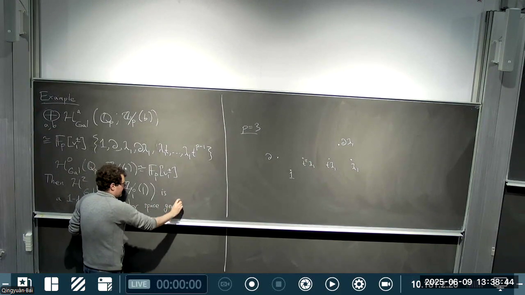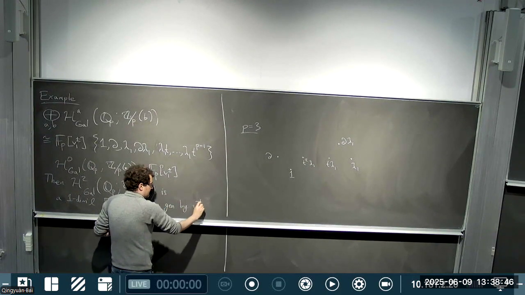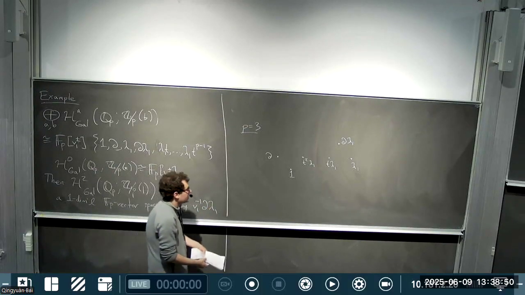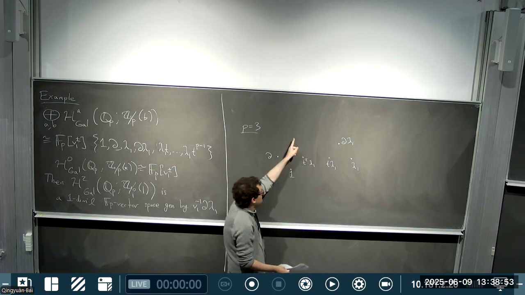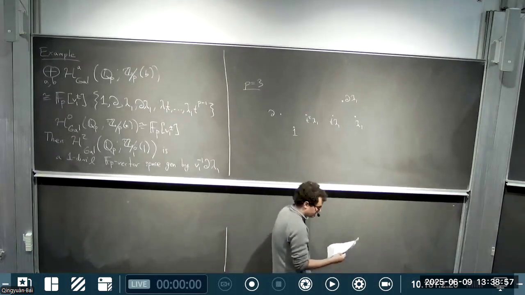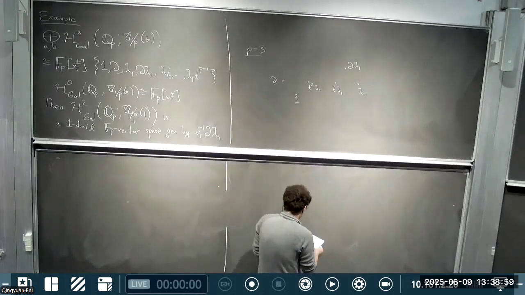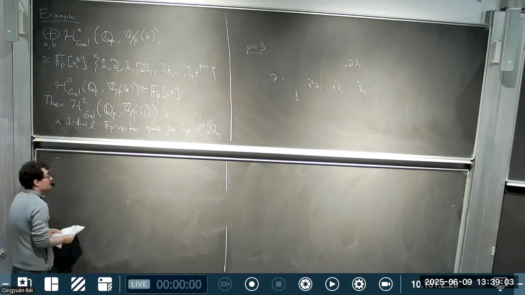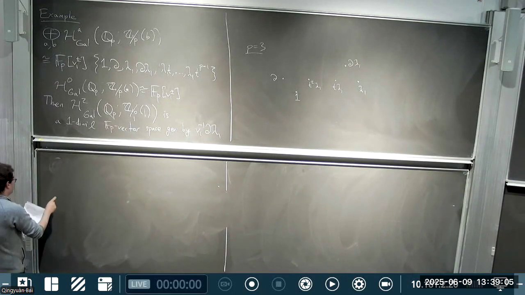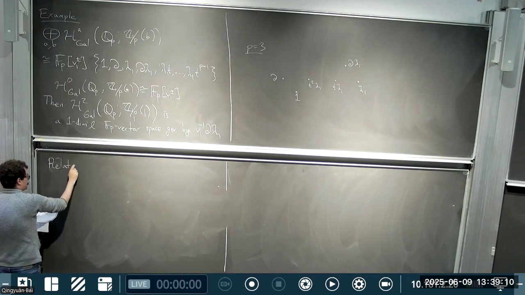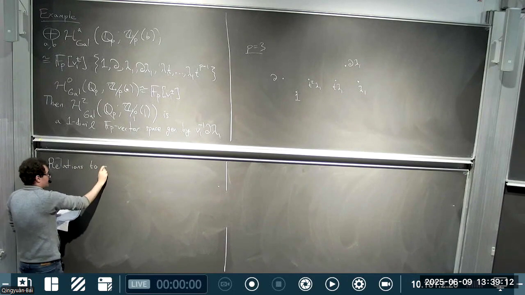The name of its generator is this class v1 inverse partial lambda 1. So v1 inverse times this class over here. I want to come back to this example later, but let me just say that all of this is related to algebraic K-theory.